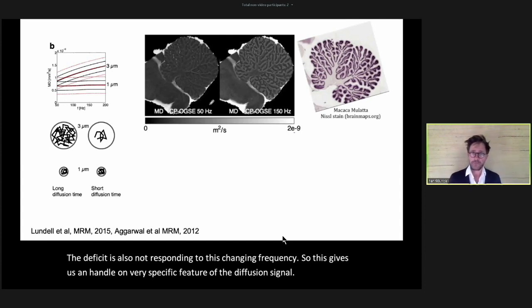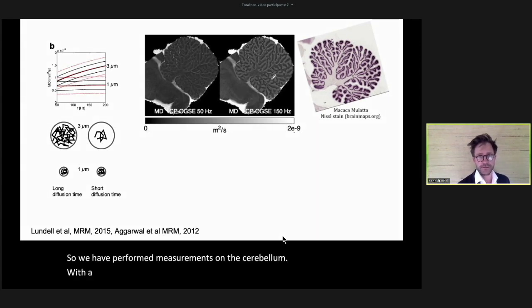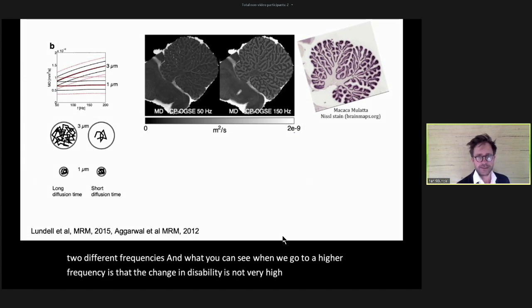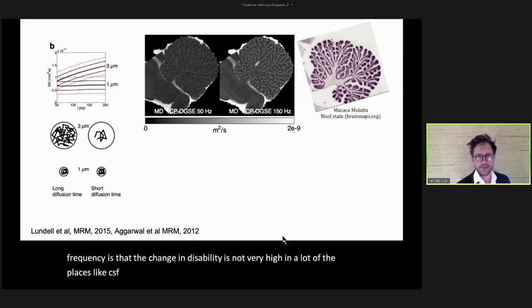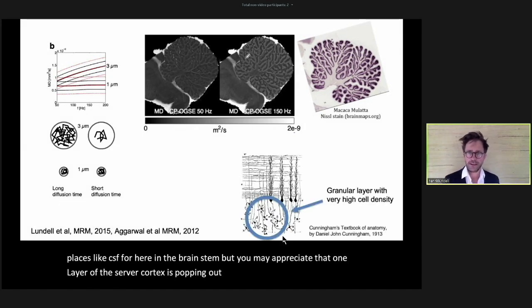So we have performed measurements on the cerebellum with a type of OGSE, and what you can see here is the measurement at two different frequencies. And what you can see when we go to a higher frequency is that the change in diffusivity is not very high in a lot of the places like CSF or here in the brainstem, but you may appreciate that one layer of the cerebellar cortex is popping out, and this is the granular layer, the inner layer.